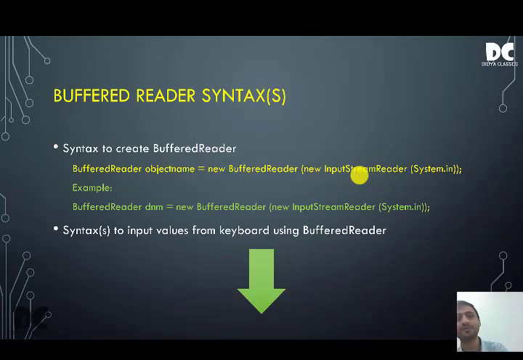Now we'll see what the syntaxes of buffer reader are and how to use them in your program to take different types of input: single character value, string input, integer value, real value, boolean input.